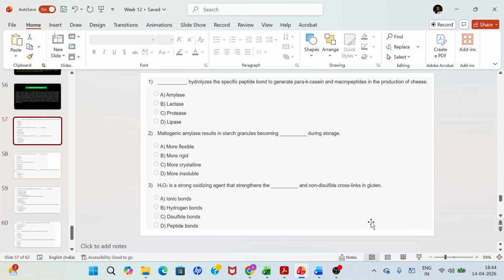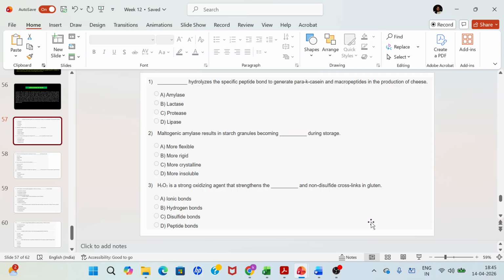So what is that enzyme that is used? The answer to question number one is proteases. I hope you were all able to decode that.